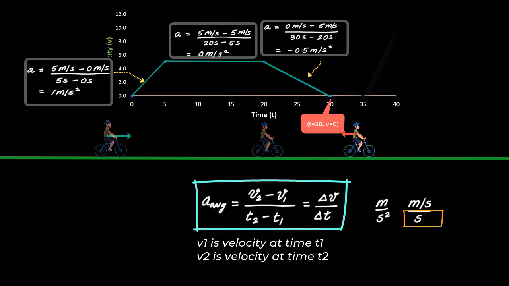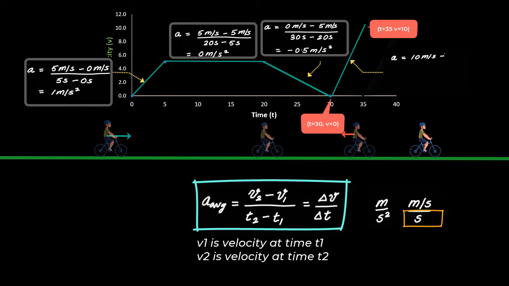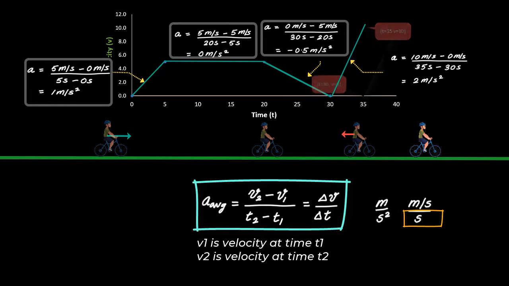Now, let us say the cyclist moved again from 0 velocity here to 10 meters per second in 5 seconds. Then we can say that the acceleration is 10 minus 0 by 35 seconds minus 30 seconds, which equals 2 meters per second square.